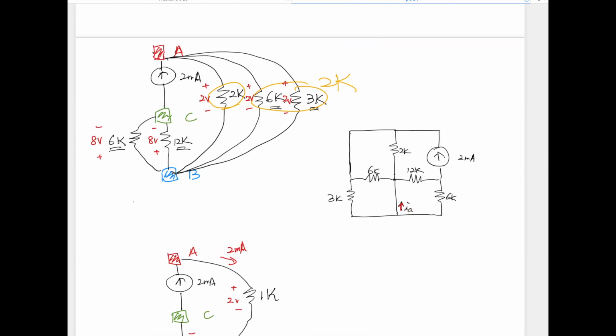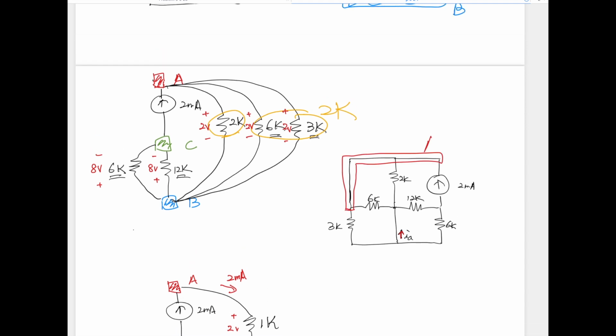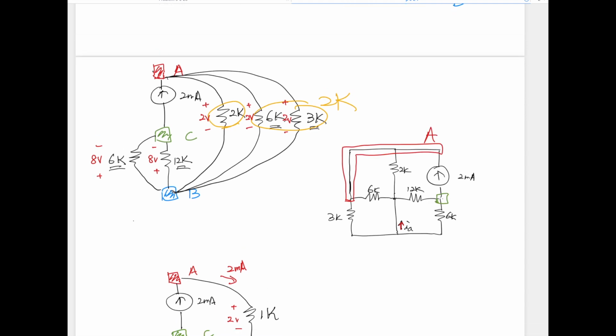We need to identify all those voltages across these resistors so that we can calculate the current. So we need to be careful with the polarity, and we said A is in this node, C is in this node, and then B is in this node. So let's find the 6K. Where is 6K? So 6K between C and B is right there. And the negative terminal is towards C, that means the actual current is going in this direction.